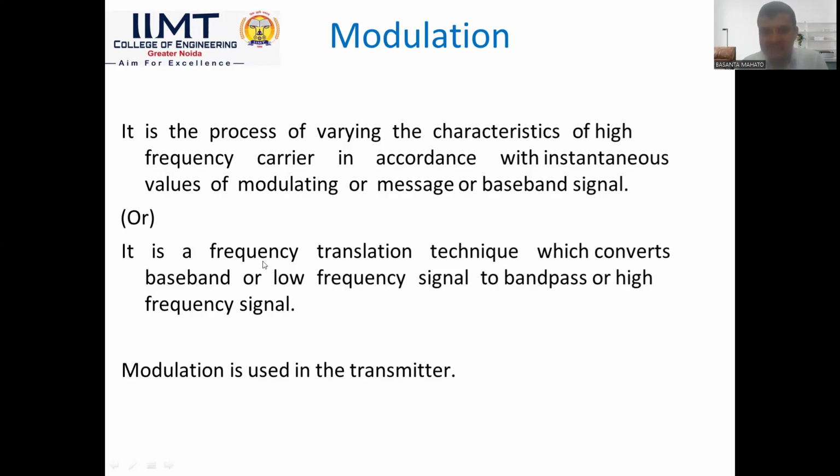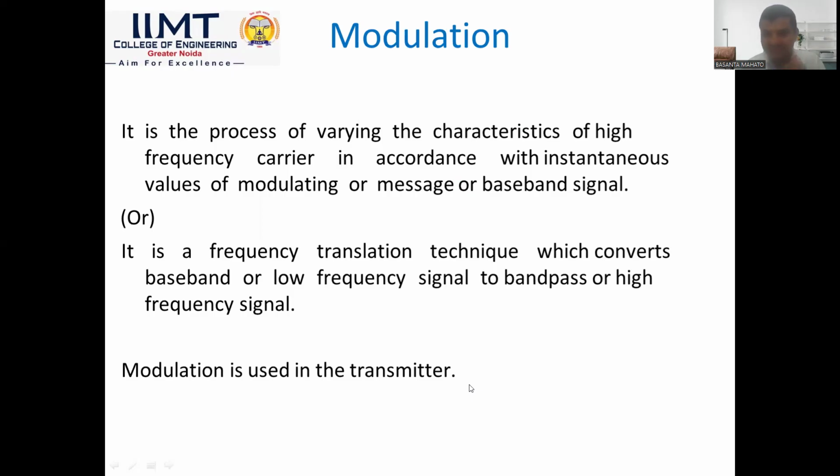Or it is a frequency translation technique which converts a baseband or low frequency signal to a band pass or high frequency signal. Modulation is used in the transmitter, before the signal goes into the channel. Why do we do modulation?